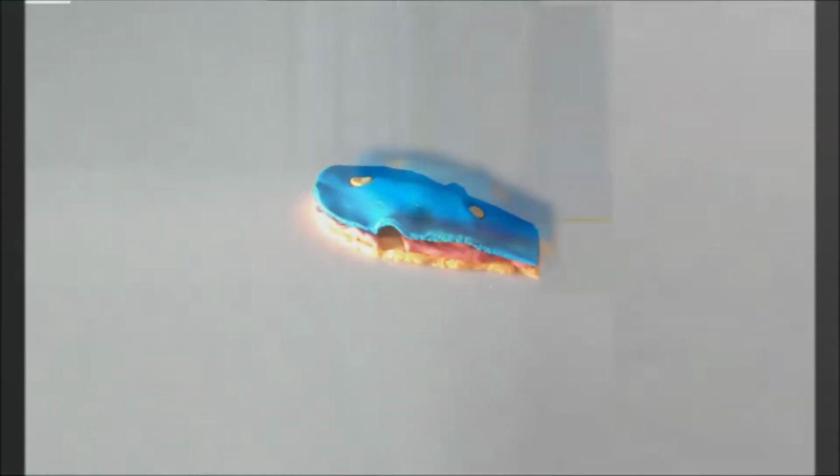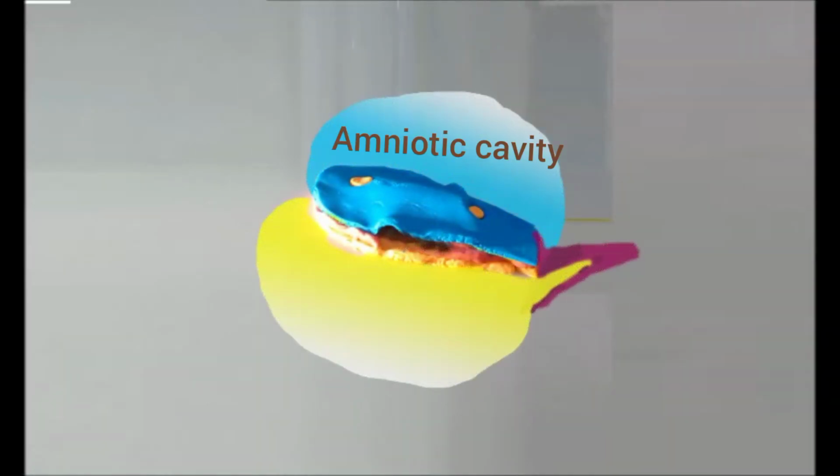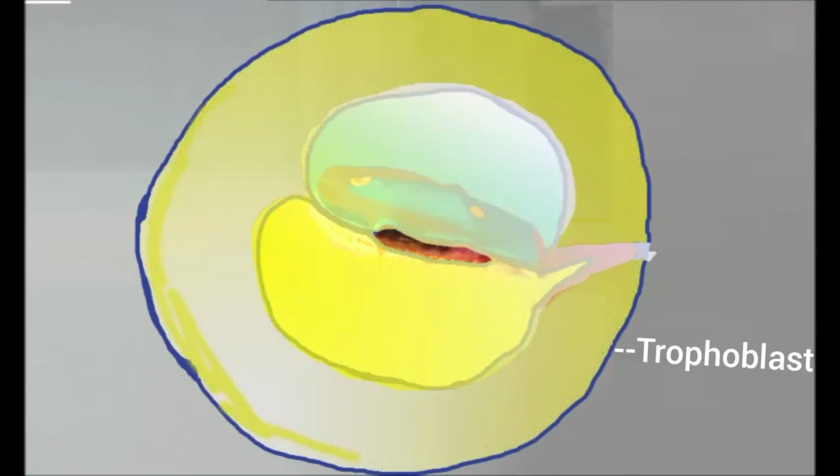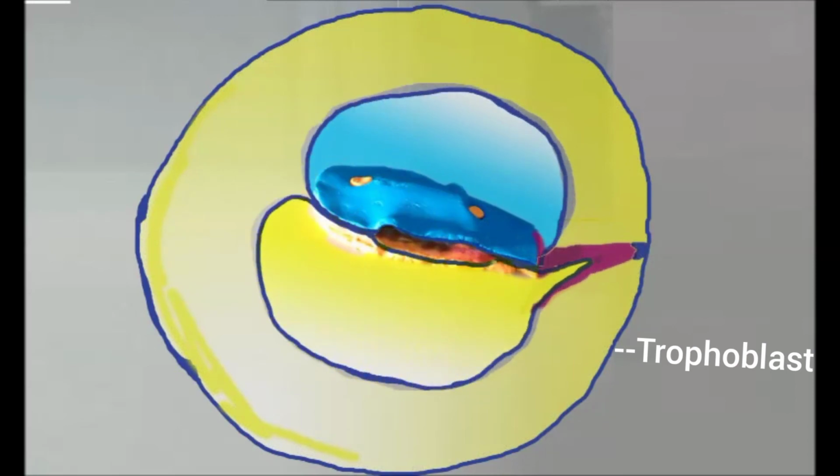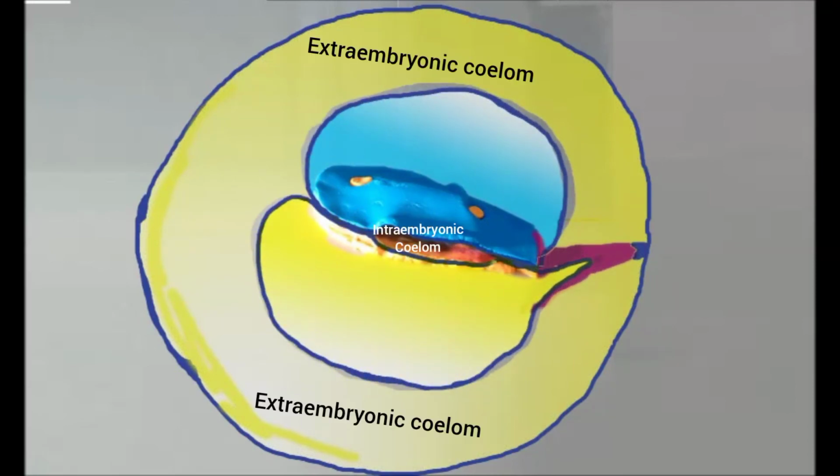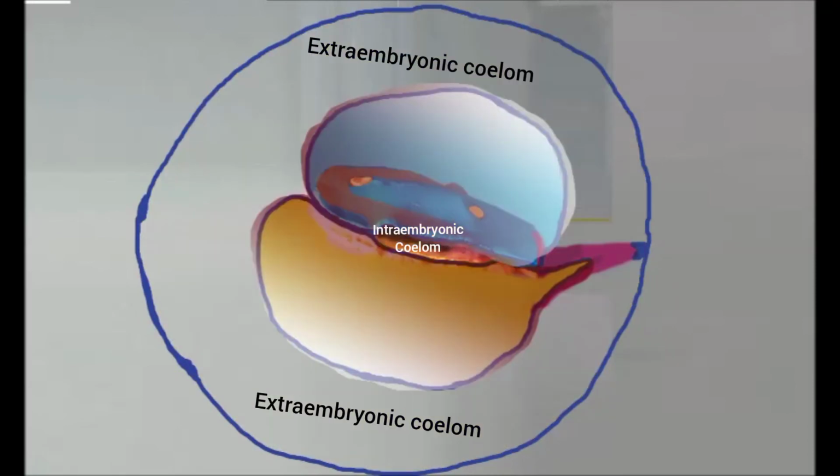Now zooming out again, showing all the details once again. The amniotic cavity, the yolk sac, the amniotic cavity covered and the yolk sac covered by the extraembryonic coelom. This is the trophoblastic layer, and this is how the intraembryonic and the extraembryonic coelom communicate with each other.